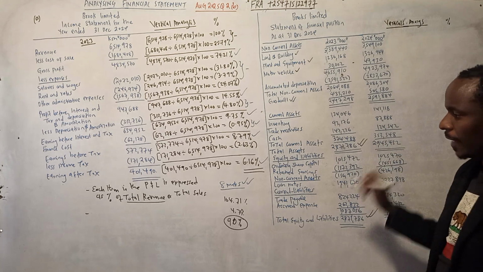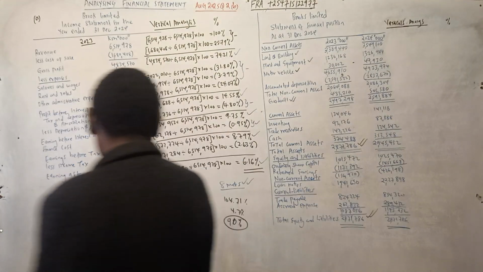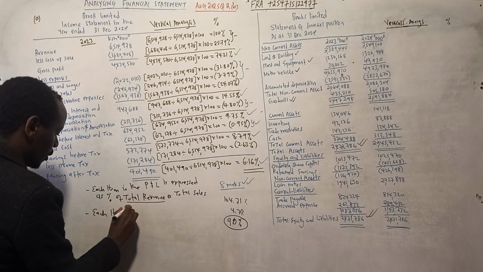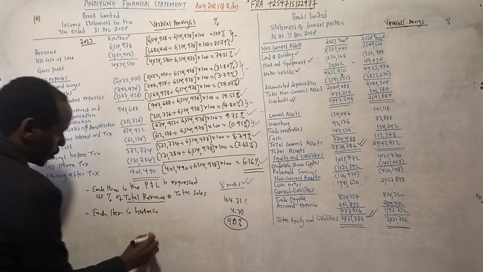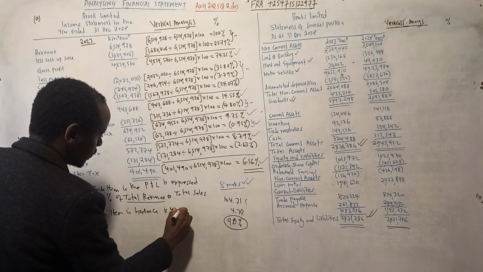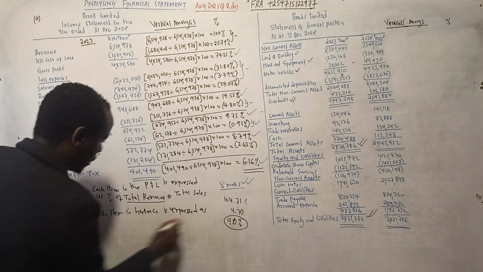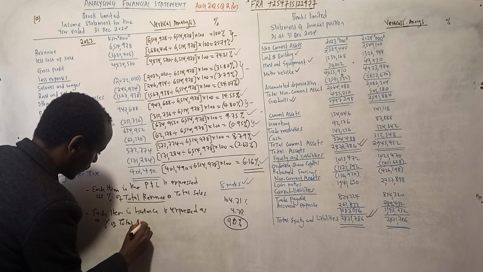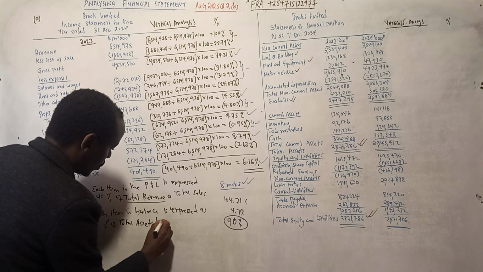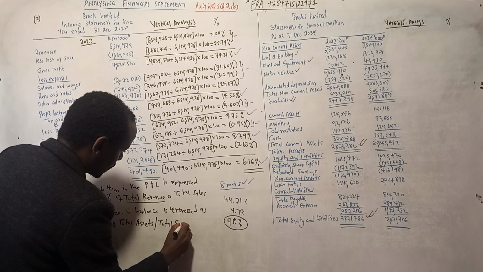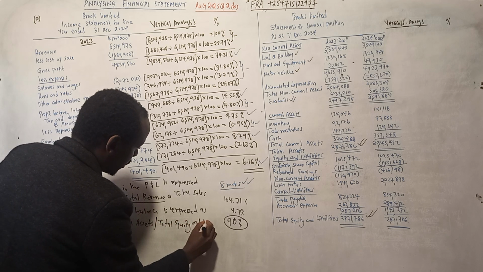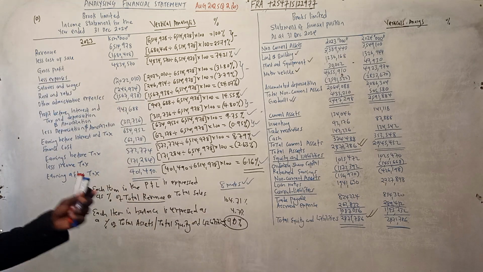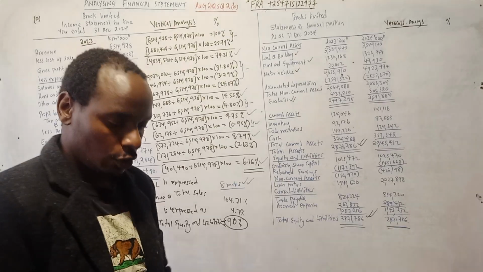So each item in the balance sheet, or the statement of the financial position, is expressed as a percentage of total assets or total equity and liabilities.